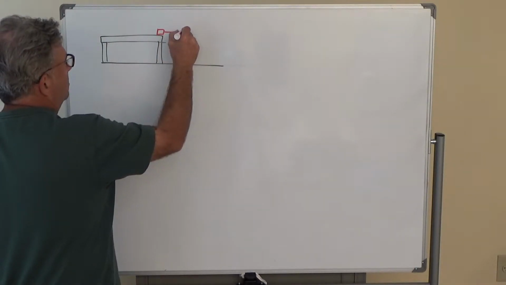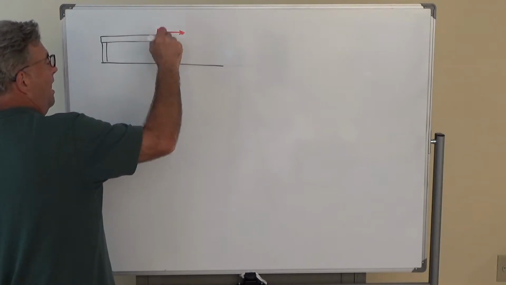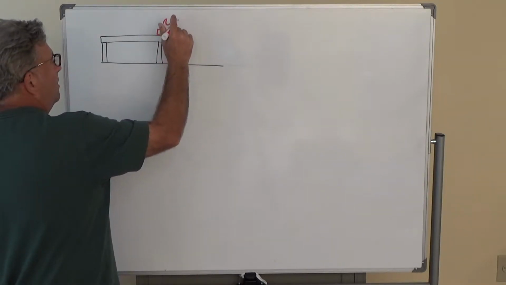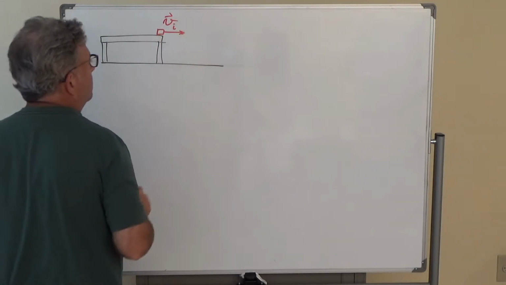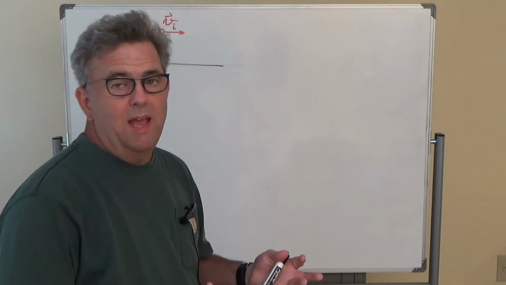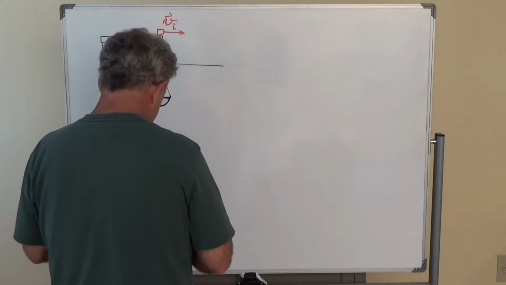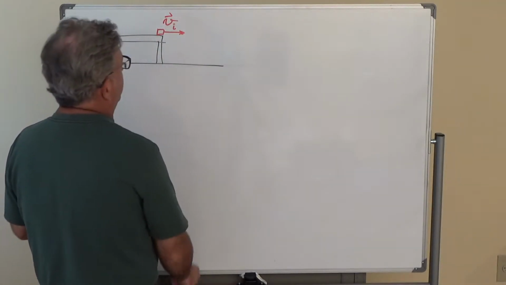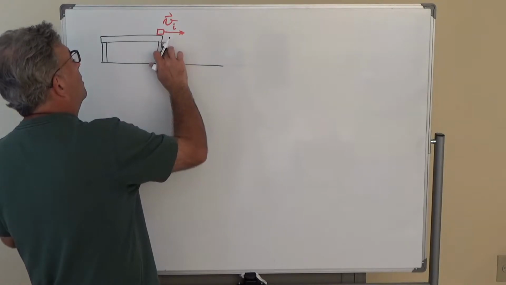It leaves the edge with some V initial. Okay. Once it leaves the edge, it's a projectile and it follows that parabolic trajectory.